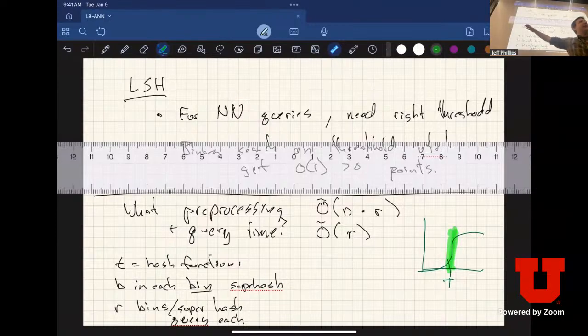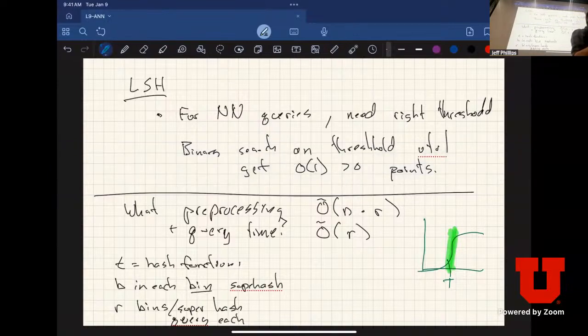If it's to the right, the probability of missing something, a false negative, is low. So how much approximation factor do I want in this green bin here? It depends on the approximation factor, and let's say this is epsilon.